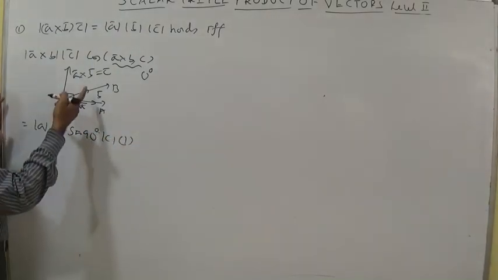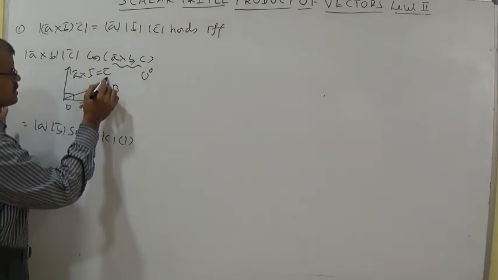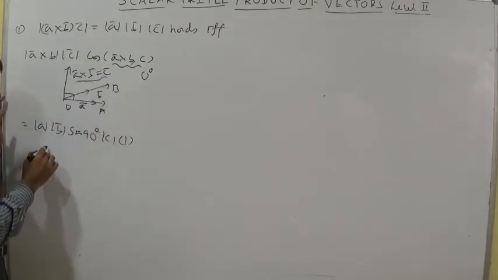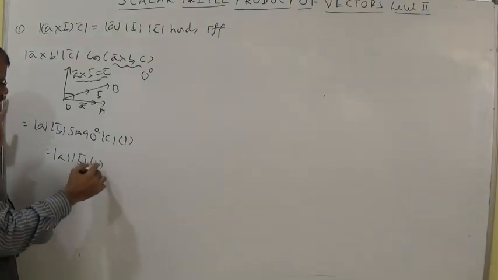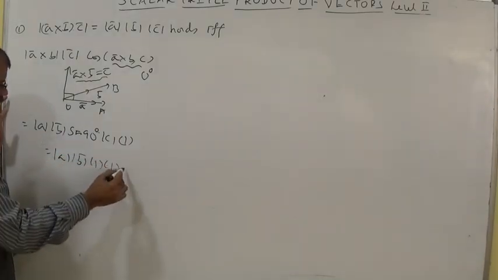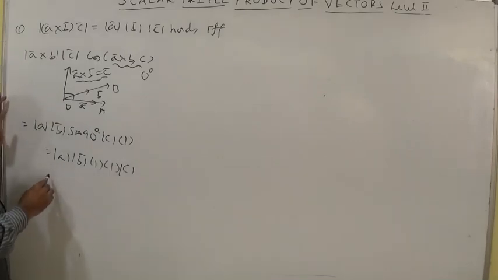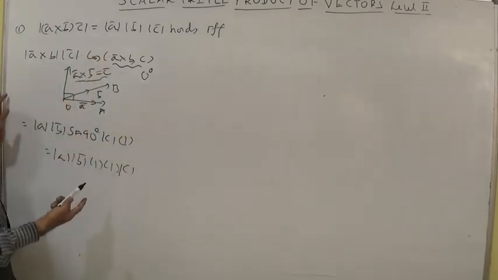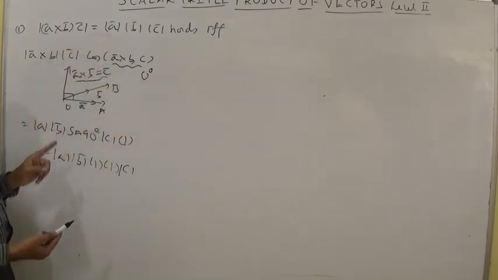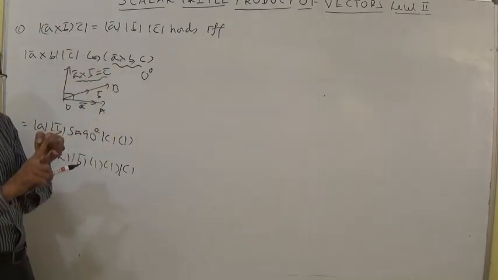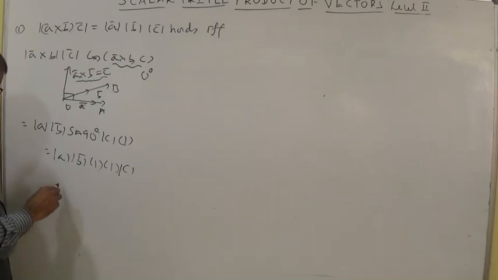So whenever C is perpendicular to both A and B, with sin 90 having value 1, the angle between A and B is 90, the angle between B and C is 90, and the angle between C and A is 90.